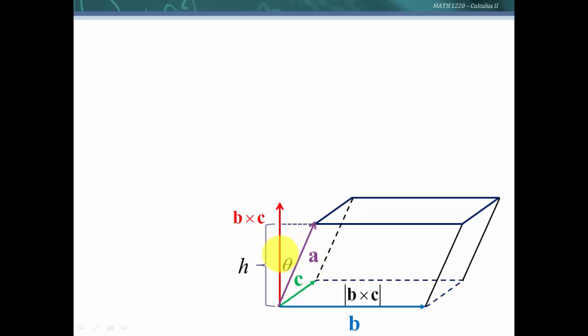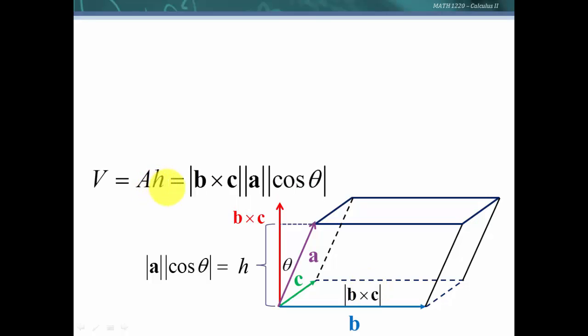So we would have the magnitude of a cosine theta. We're putting absolute values on the cosine theta because we want to make sure that this is positive. Now that we have the height, we can multiply it by the area of this base to get the volume.